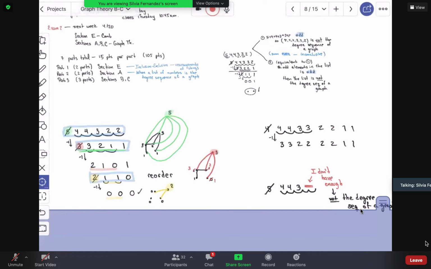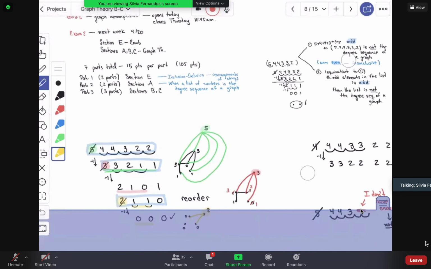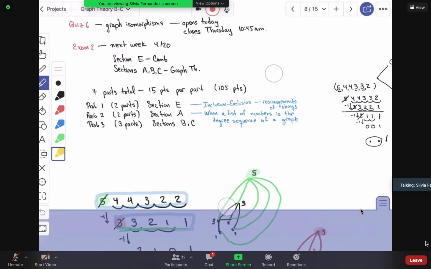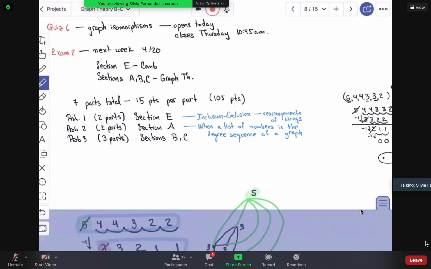So for problem 3 in the exam, that's the isomorphisms and bipartite graphs section. For that, you have 3 parts. One of them is to give an isomorphism.